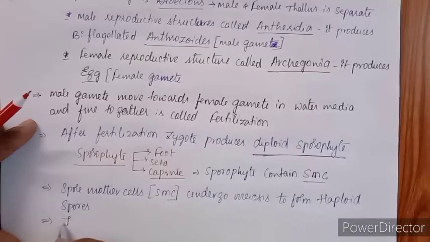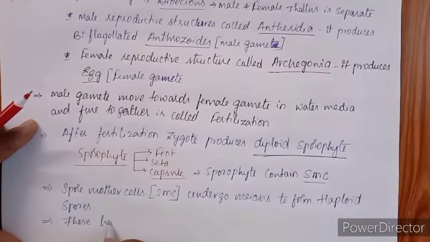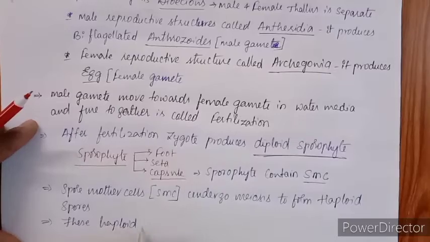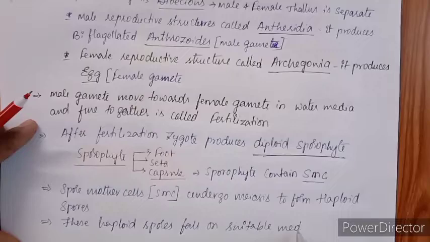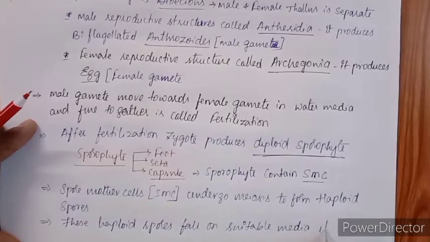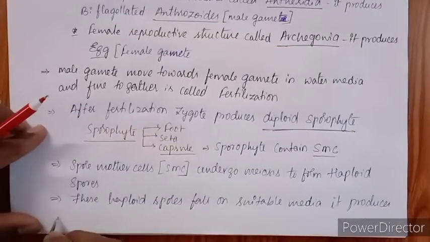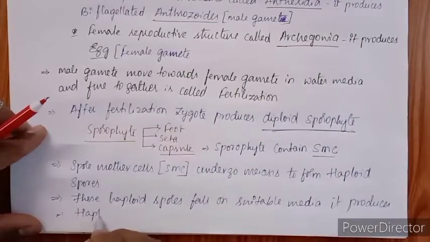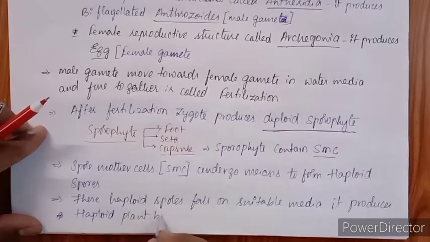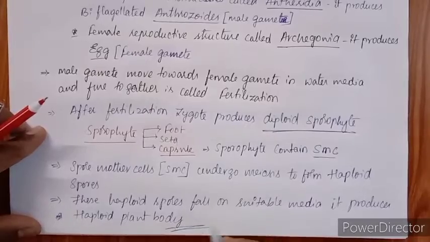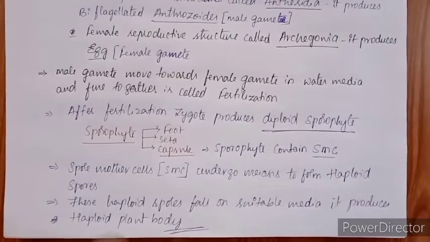And when these haploid spores fall on suitable media, they produce the haploid plant body.